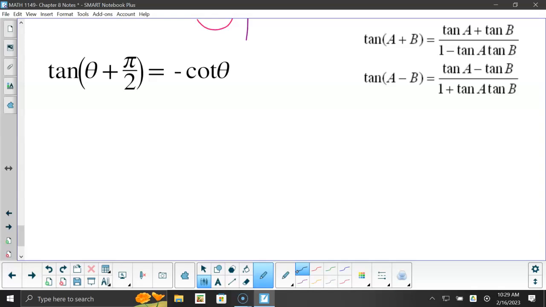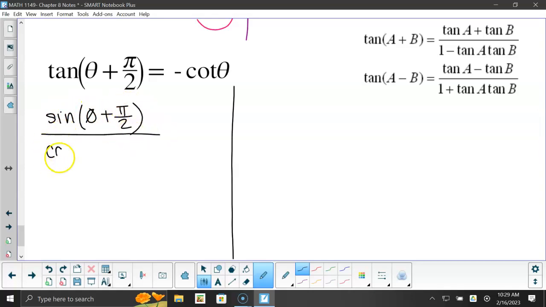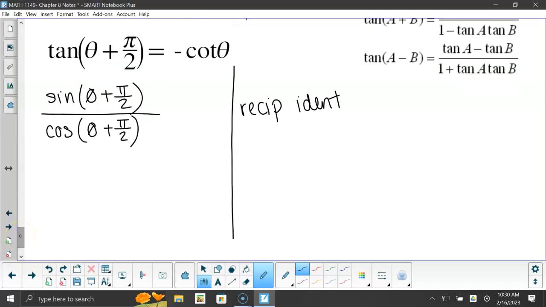So what we're going to do instead is, what do I know about tangent? What does it equal? Sine over cosine. Now we good? Yeah, a lot of stuff's going to start canceling off.